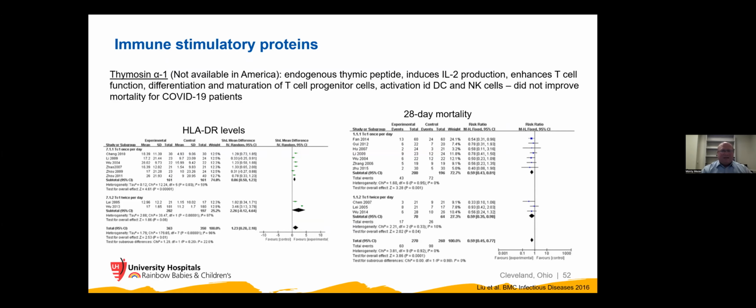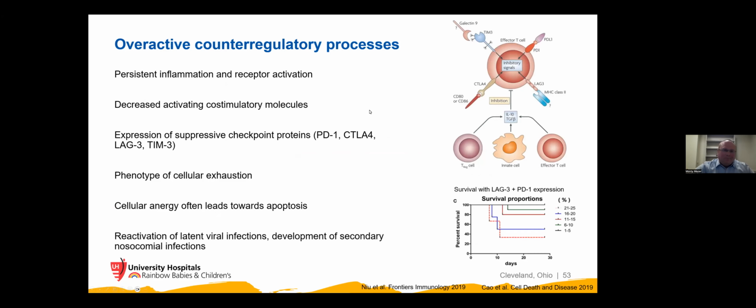Still not a lot of great data in terms of whether or not there's mortality benefit in sepsis. This was studied a lot in China and other countries in COVID-19. But another way to think about upregulating the response is for the body to produce more T cells and to activate them in an appropriate fashion.